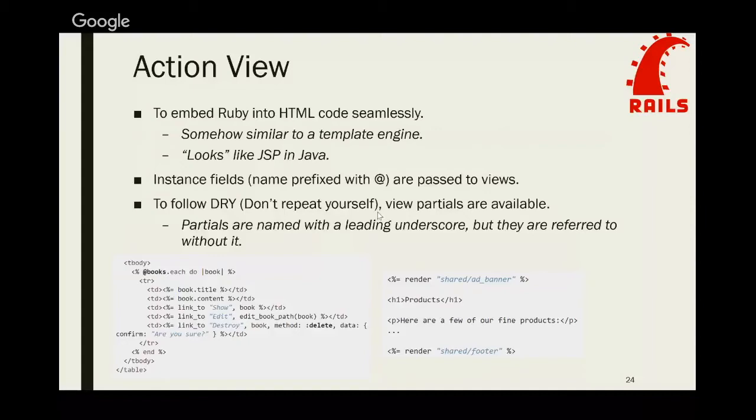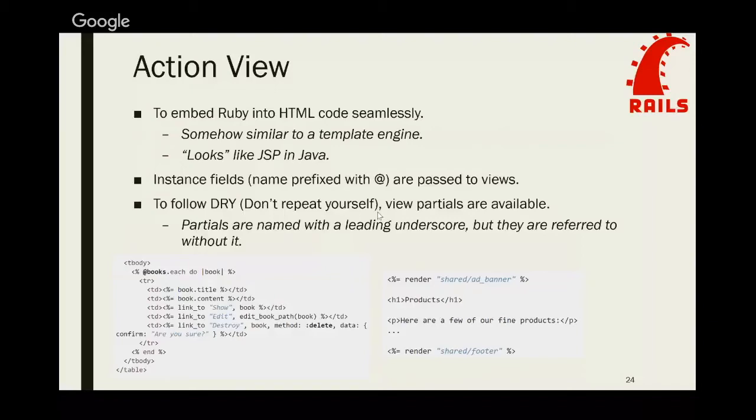Actually, when we render this, the render method takes only one parameter, just the name of the file. Although when you call this render method it's just like this name, your actual file name is not like this. Your actual file name should always be prefixed with a leading underscore.